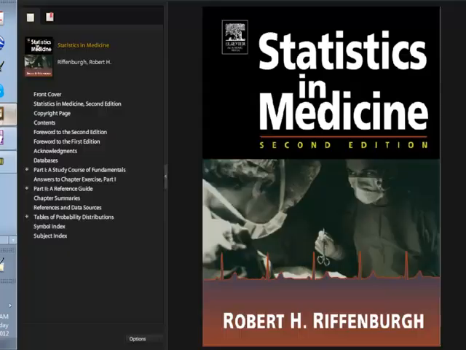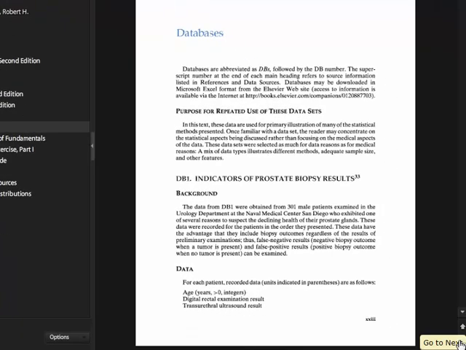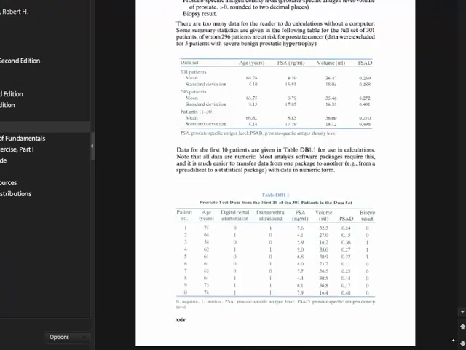Now let me go here to my book, and that's a nice book. I have databases here. Okay, now I need to go to the next page. So I need to go down here.